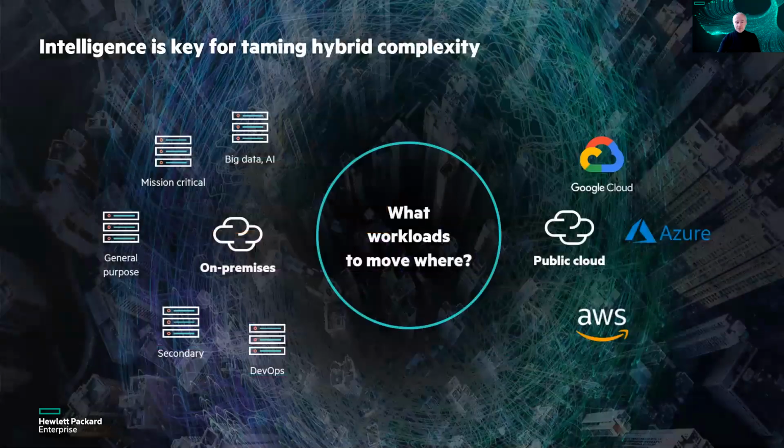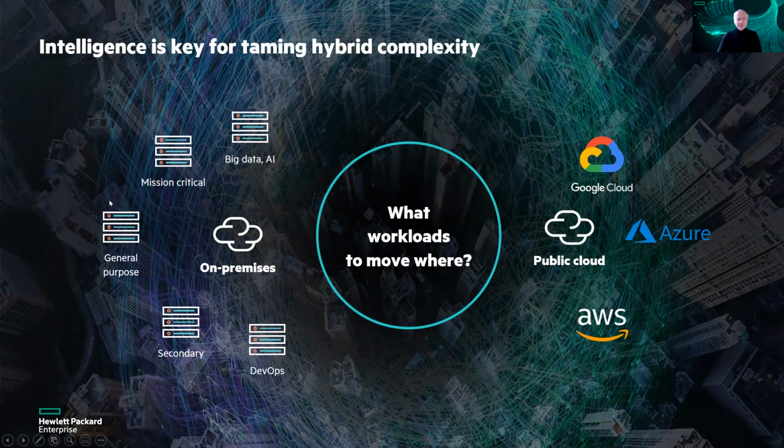And this is what we're using now, because this is the picture where I asked, where is your data? We have our general purpose virtualized data, mission critical data, and secondary data: backups, copies, archives. We have DevOps creating data, and big data creating data. It can be on premises, and probably also in some kind of cloud.